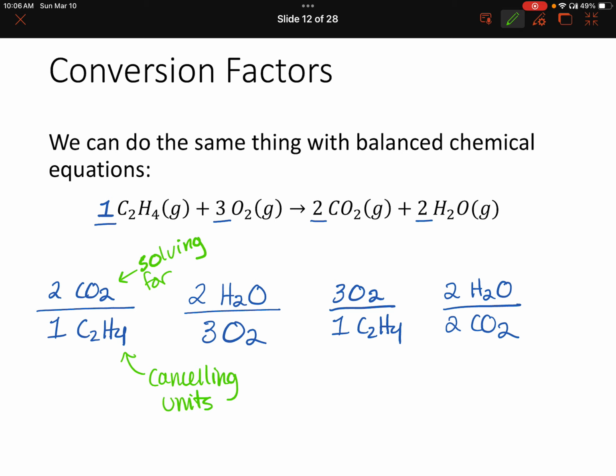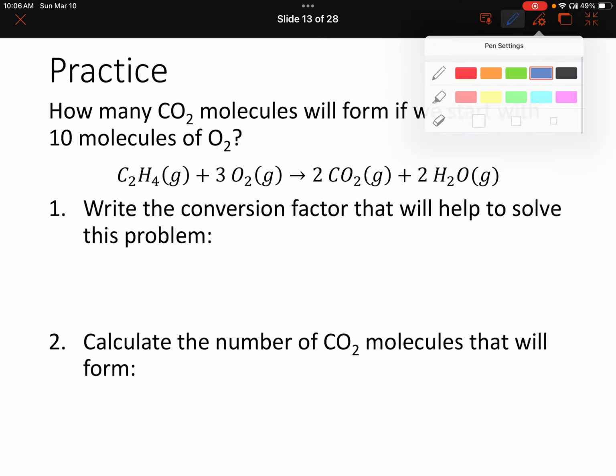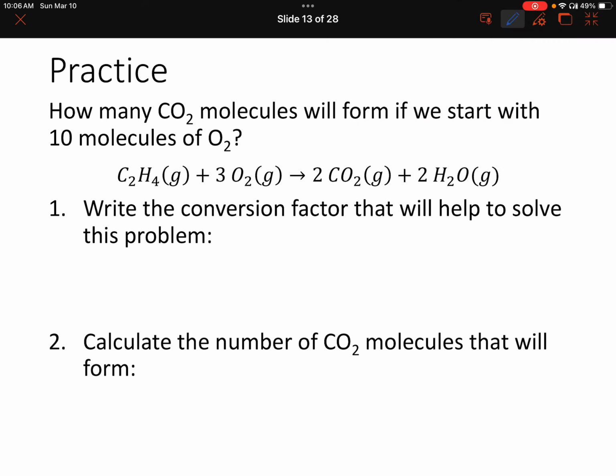So let's do a practice problem using conversion factors. So we're going to use that same equation that we saw on the last slide. And the question is, how many CO2 molecules will form if we start with 10 molecules of O2? So let's break this down a little bit. So we're solving for the amount of CO2 molecules.